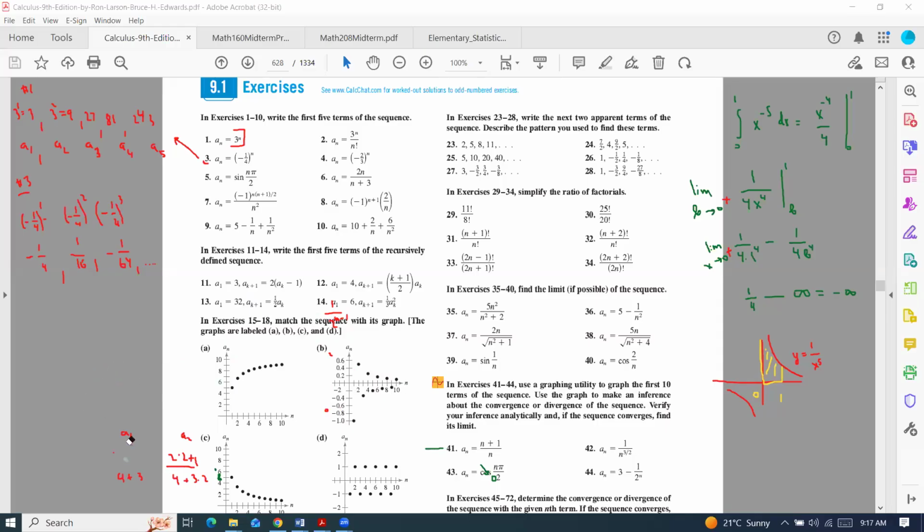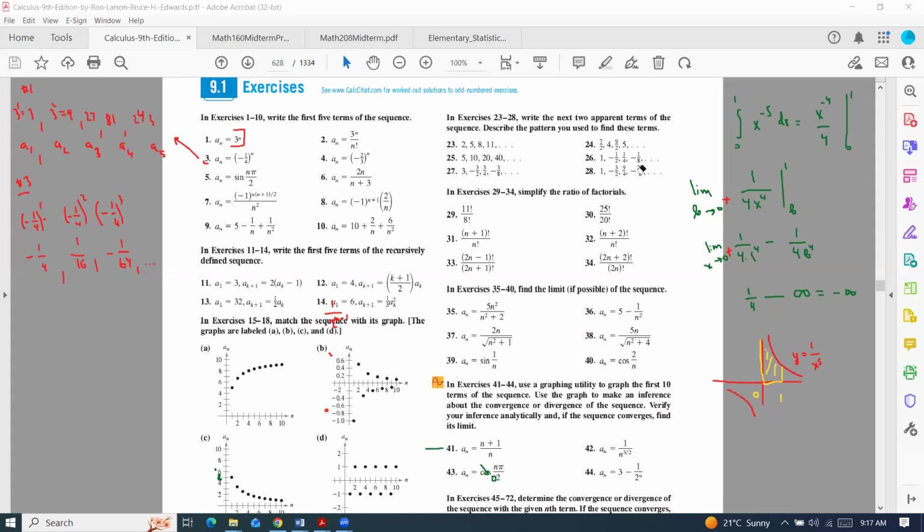That's the point. You can produce any term. You can produce term number 1,000,000. You just use 1,000,000 instead of n. So having a formula is always a big deal. And sometimes it's a good idea to produce the formula.